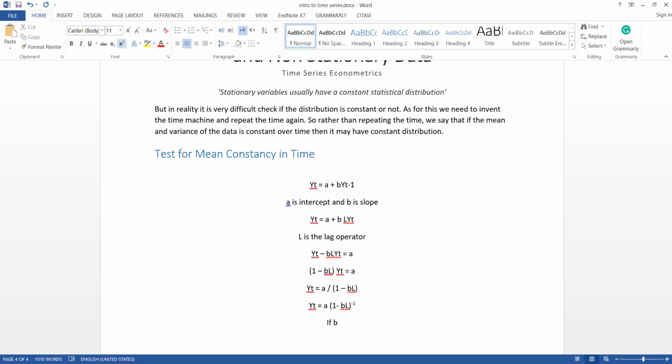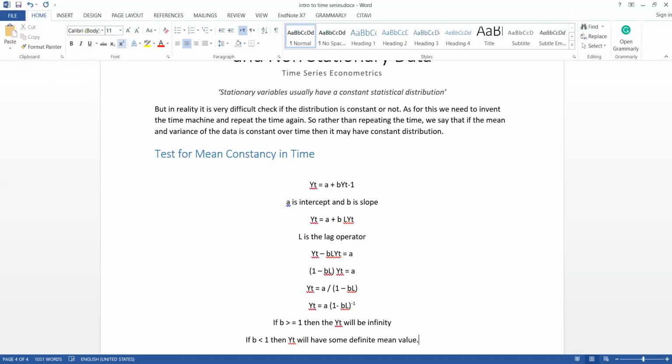If b is greater than or equal to 1, then y t will explode. If b is less than 1, then y t will have some definite mean value.